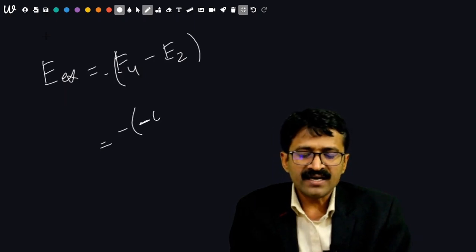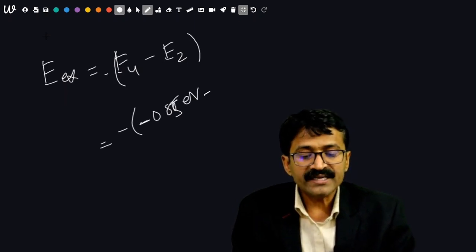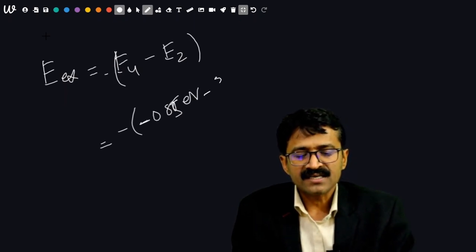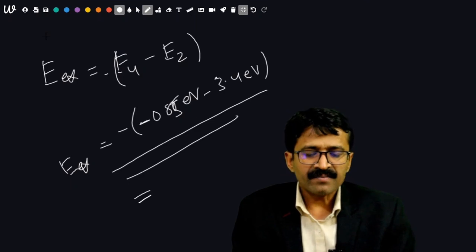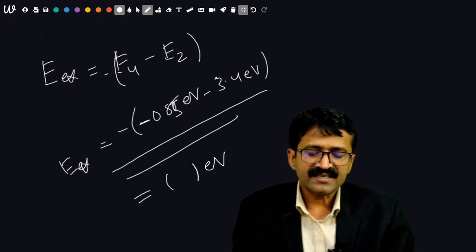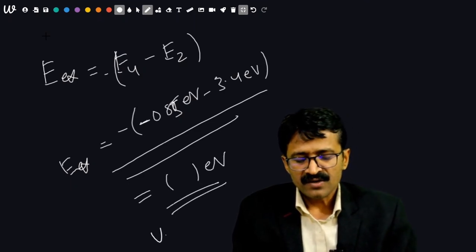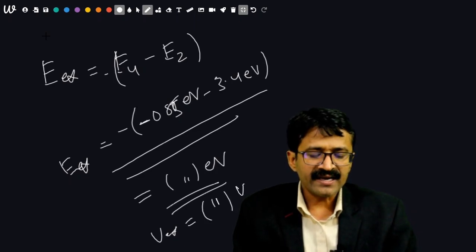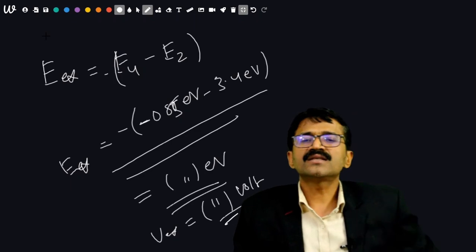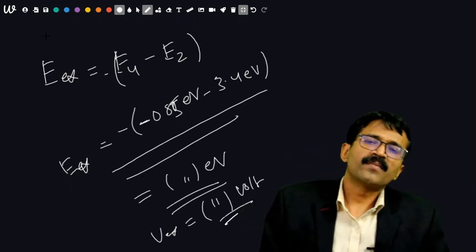As I have told you earlier, minus 0.85 electron volt. And E2 is minus 3.4 electron volt. By solving this, you will get the excitation energy, and by removing the electron charge, you will get the excitation potential. V excitation is equal to the quantity obtained, measured in volt. This is all about the numerical based problems.